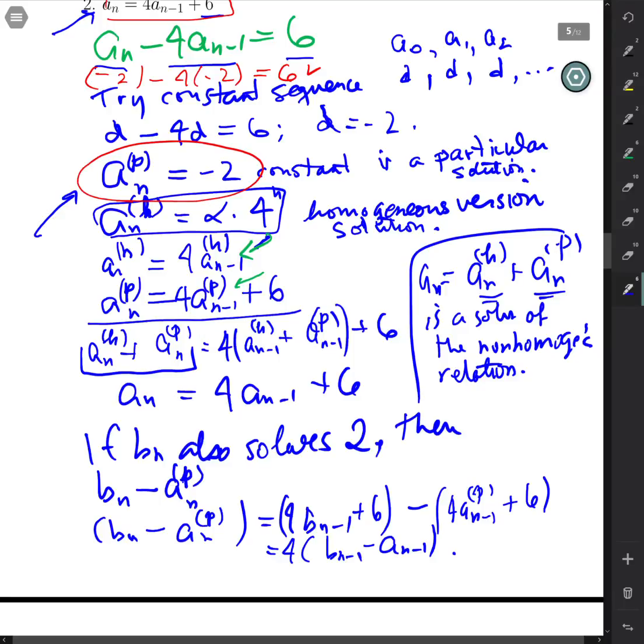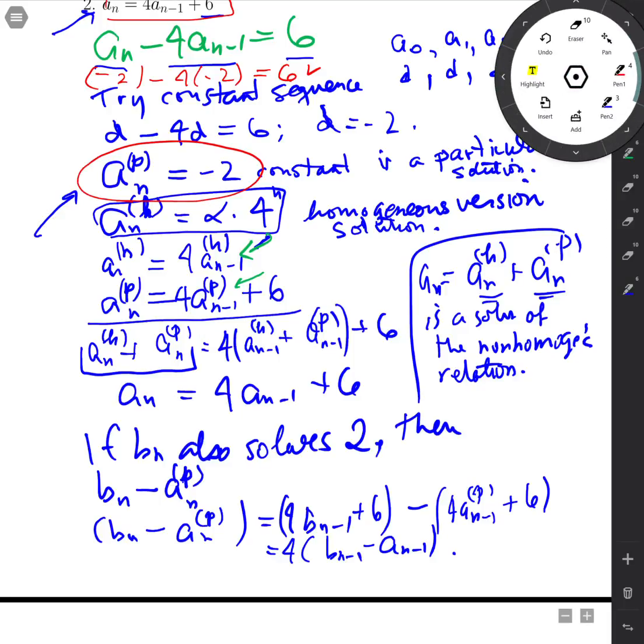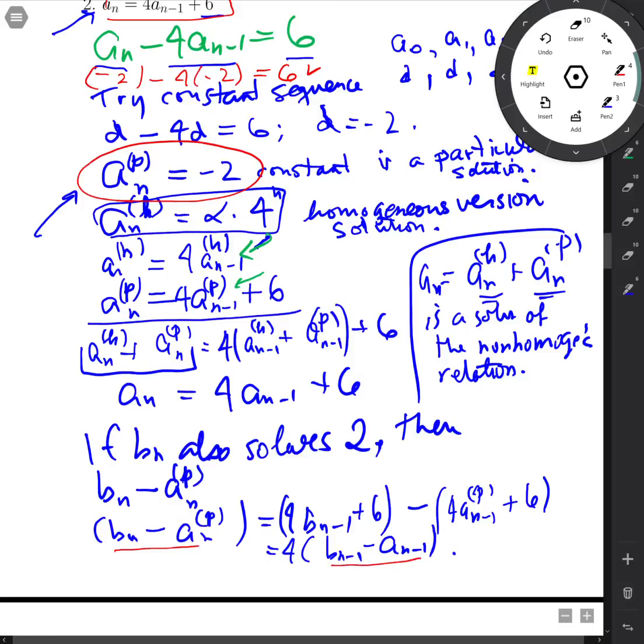In other words, the difference of any solution of the non-homogeneous equation and the particular one we already identified solves the homogeneous equation. The nth term is 4 times the n minus 1 term. So that would say b_{n-1} minus a_{n-1}^p has to be a solution of the homogeneous, which is alpha times 4 to the n.